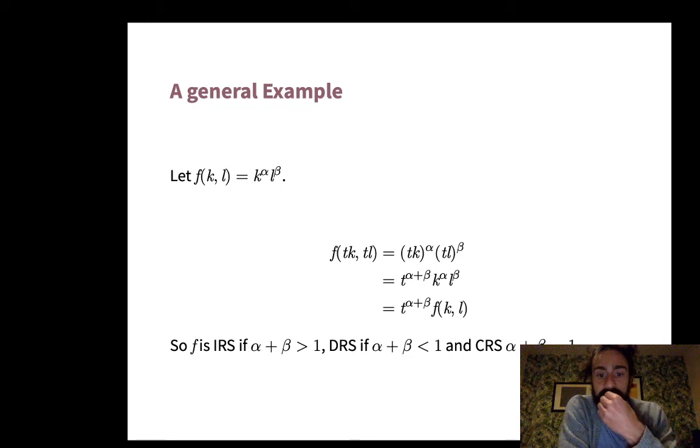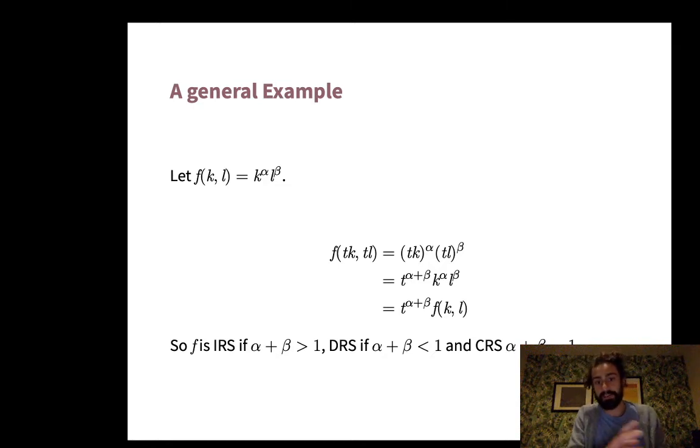What about a slightly more general example? We can come back to this Cobb-Douglas production function that we talked about from a previous lecture. And we can see that if you multiply both k and l by t, then you can pull out a t in front of the first factor, t raised to the alpha. You pull out a t from the second one, t raised to the beta.